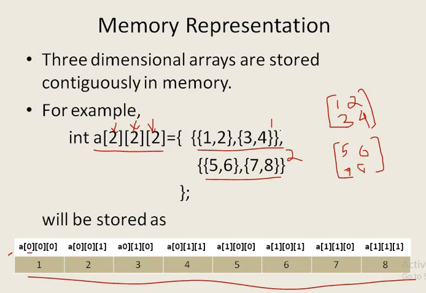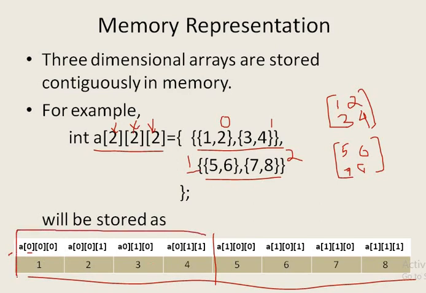Here you have 2 different blocks. The first block will be represented using the subscript 0, and the second block will be represented using the subscript 1. So block subscript 0 means it is the first block, and subscript 1 means it is the second block. All the elements in block 1 are represented in contiguous memory locations, as shown here.